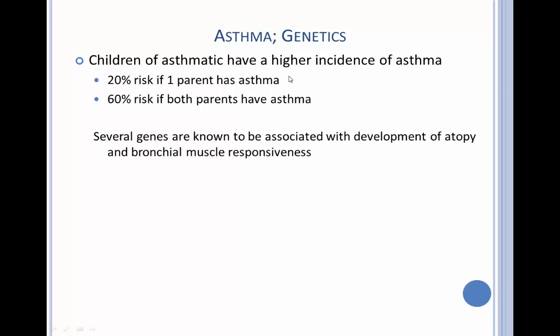Many children, since this disease is hereditary, genetic, 60% have a family history of asthma and 20% remote or in one parent. In addition, look for any history of atopy, any eczema, any allergic rhinitis, any hay fever.